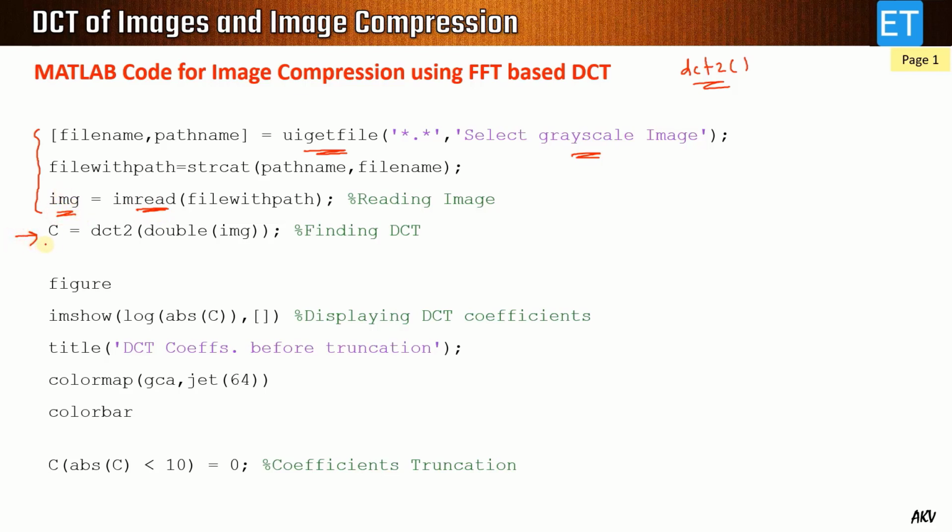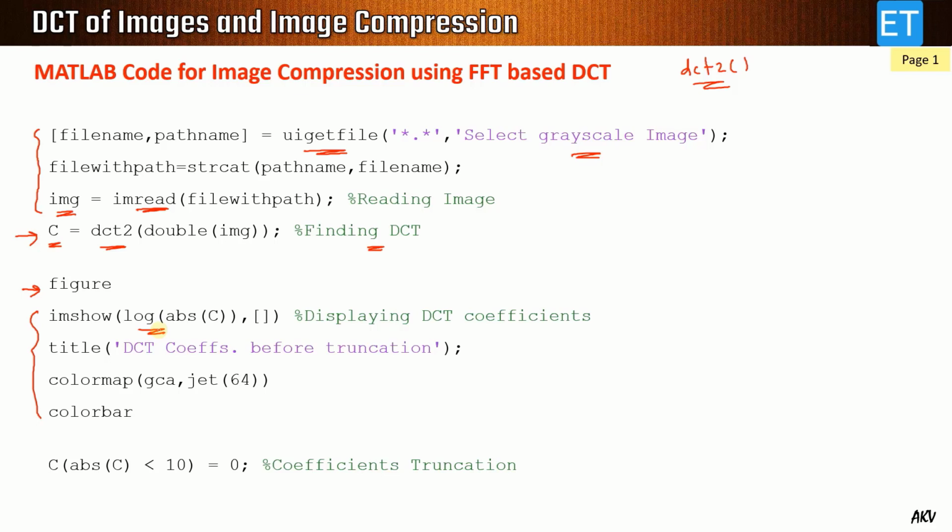Then with this function DCT2, you can see I'm taking the discrete cosine transform of this image. So DCT2 of this image, all the DCT coefficients will go to this matrix C. Here I am showing you the DCT coefficient matrix with this command. I am just taking log to highlight the coefficient differences.